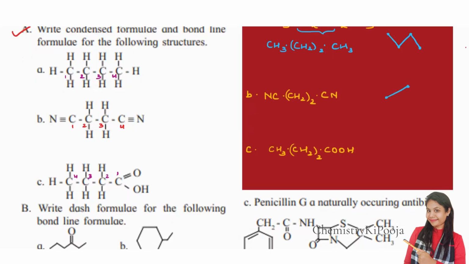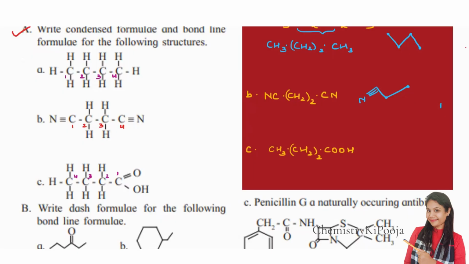Now the second carbon is bonded to C triple bond N. So I can put here C and then triple bond N. Even if you don't put the C, it is understood that there is one carbon atom. Again, this third carbon is bonded to C triple bond N. Even if I don't put this carbon, it is understood that there is a triple bond.